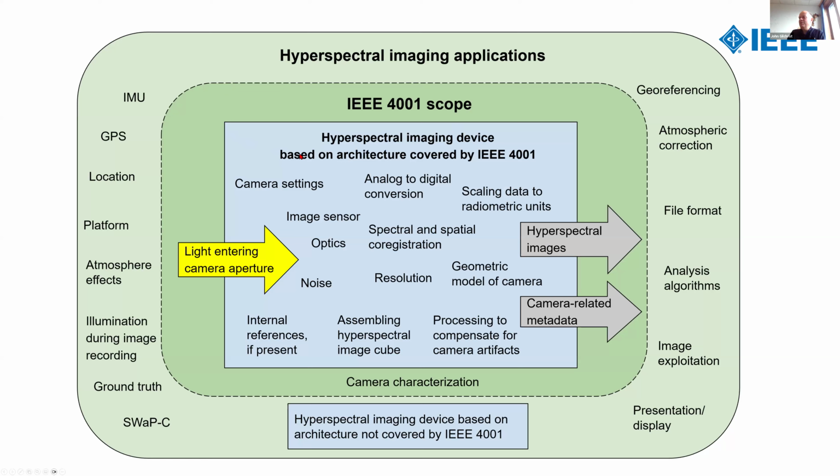Those hyperspectral cameras that are in our list of covered architectures, for those we consider all these camera properties that you see here, and we consider the input of light into the camera aperture and the output of images and metadata. But we are not saying anything about platform or atmosphere or ground truth or exploitation or display or file format. And also there are some camera types that are outside our scope.